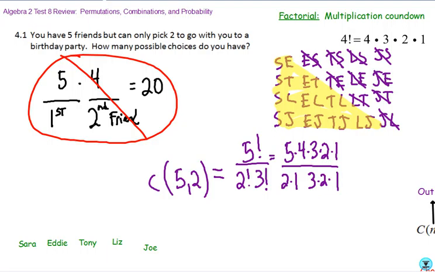And then we can do some canceling. Right, those cancel. 2 goes into 4 twice. And then what's left over would be 5 times 2, which would be 10. Which is what we said here. 1, 2, 3, 4, 5, 6, 7, 8, 9, 10. So 10 pairs of people that we can invite.